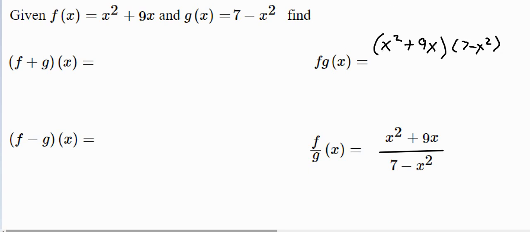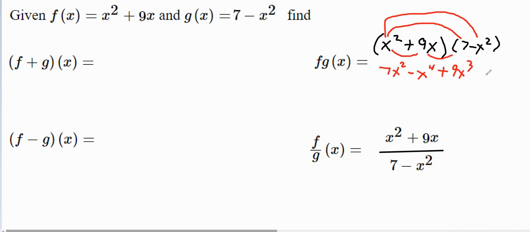Now if we wanted to, we could go through and FOIL it. Well, I don't use that acronym, but really everything in the first parentheses gets multiplied to everything in the second parentheses. So x squared times 7 is 7x squared. X squared times the negative x squared is a negative x to the fourth. Then we'd have x squared times 9x, which is 9x to the third.